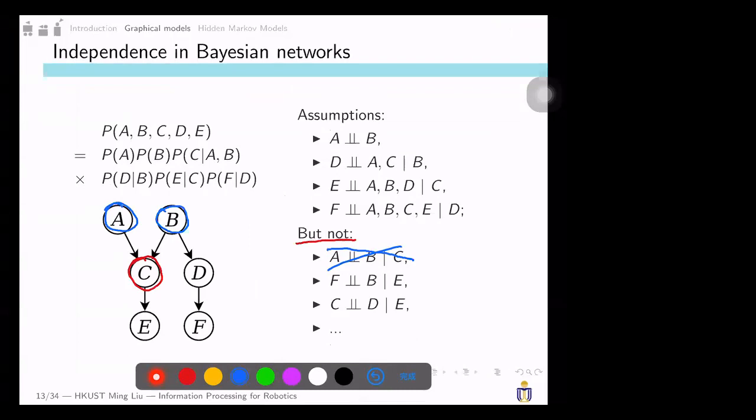So you can understand this as what? Say you have a door and you put a sensor S on the door, and now you have a secondary sensor, T. Then given the state of D, S and T are independent, right?